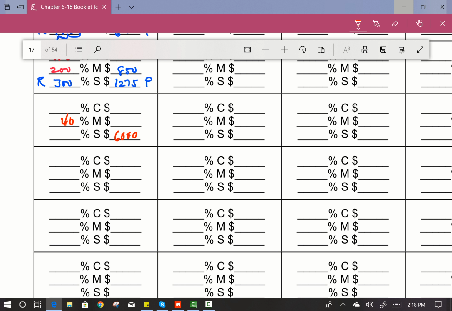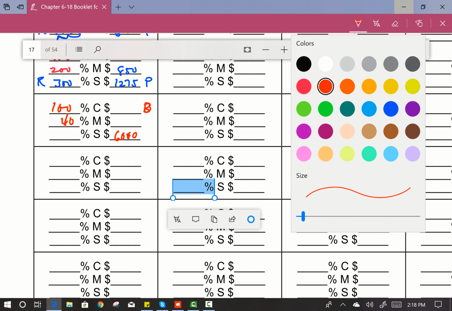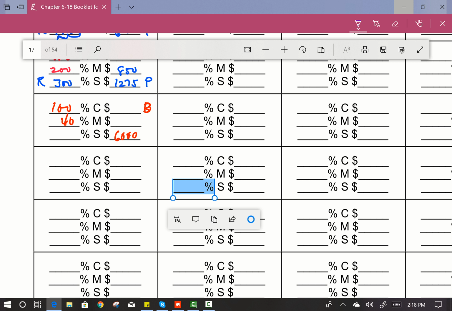Since the percent markup is on cost, cost is 100%, so the cost is your base. I'm going to go to the first place I can add or take the difference, and I'm going to add up the cost plus the markup percentage to give me 140%. I'm going to make that the rate. Go straight across and make the selling price the part.